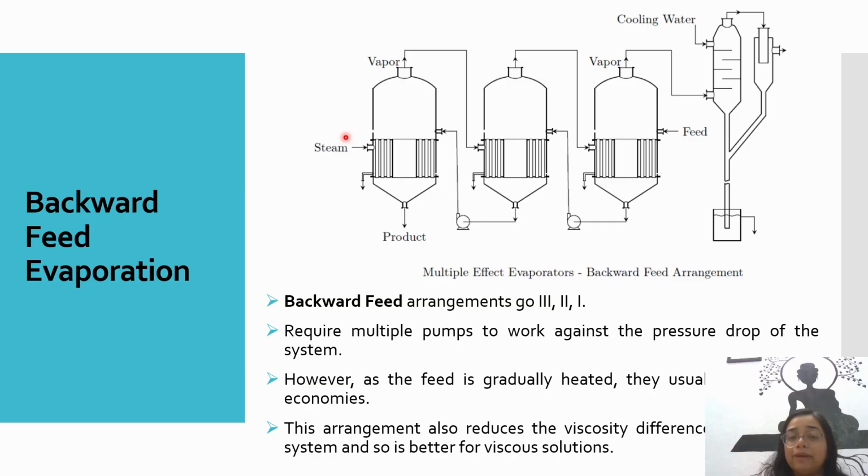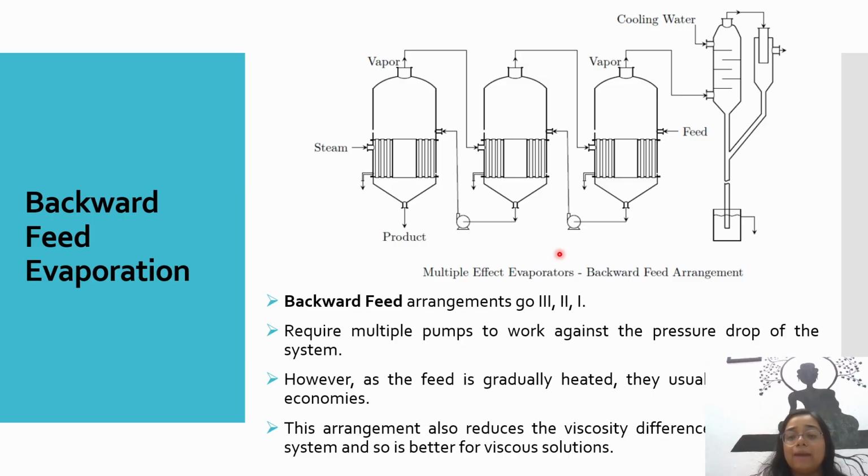Here the pressure is decreasing from effect 1 to effect 2 and effect 3, and we are circulating the concentrated liquor in the opposite direction. That's why the pumping arrangement is required. Multiple pumps will be required to work against the pressure drop of the system.